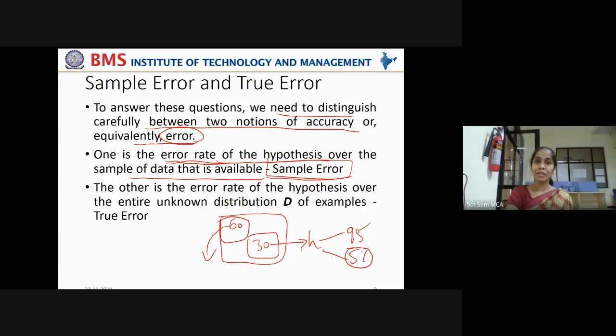It is predicting with 95% accuracy again, so 5% I am getting error again. That is called true error. The error associated with the sample is called sample error, and the error associated with the larger population when the model is made to predict unseen data is called the true error.